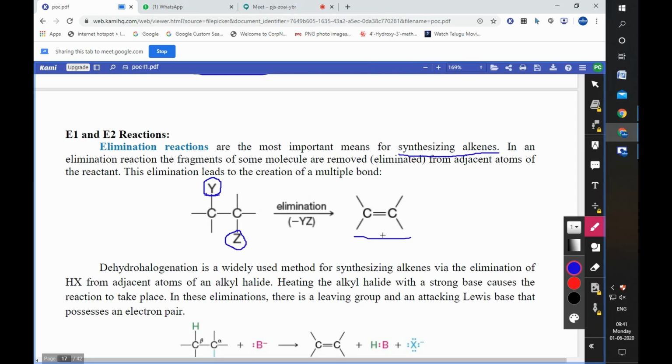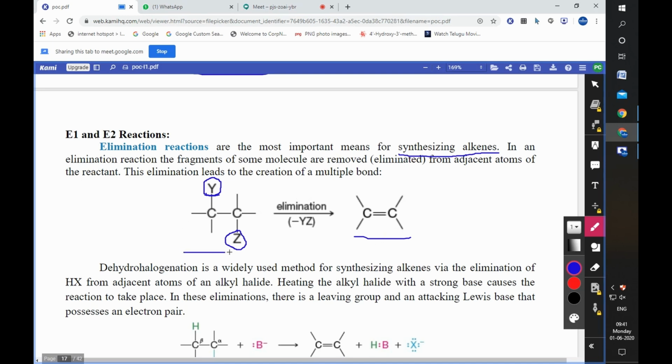Two pi bonds are formed, and we'll get alkyne, right? So elimination reaction is an important way to synthesize alkenes, and during elimination reaction, two fragments from adjacent carbon atoms in a substrate will be lost to give a multiple bond compound known as alkene.